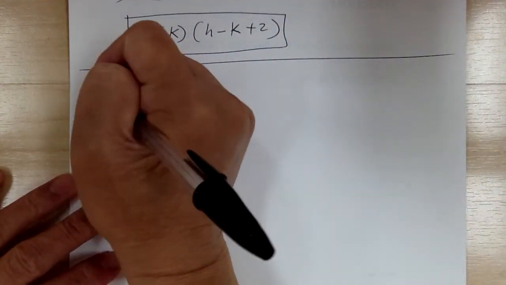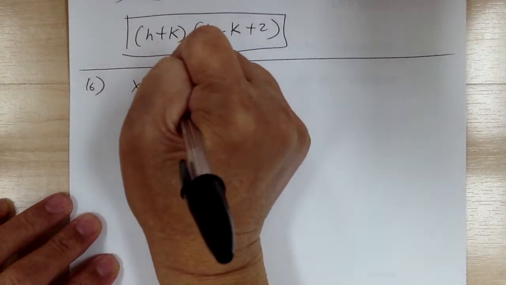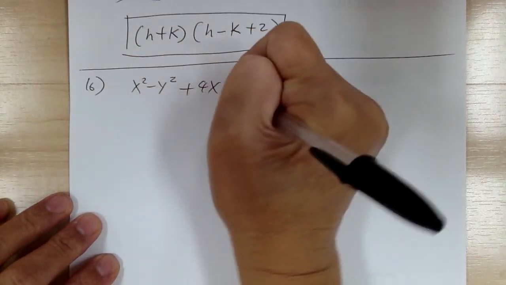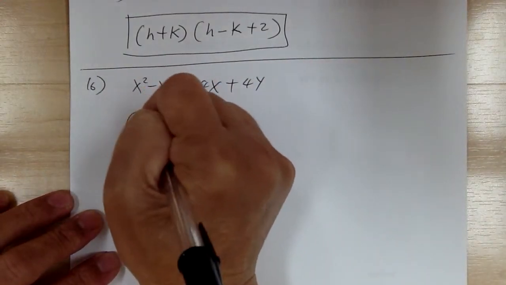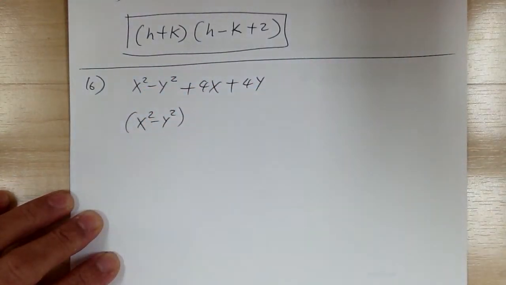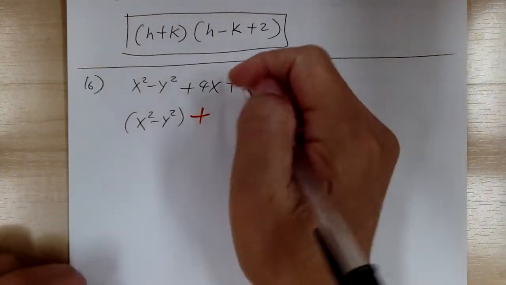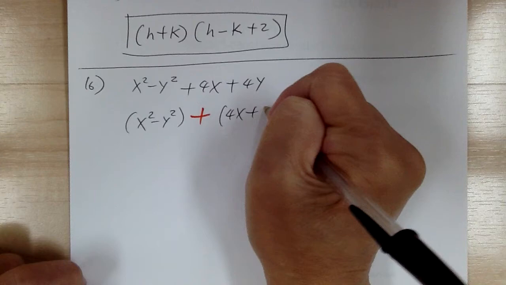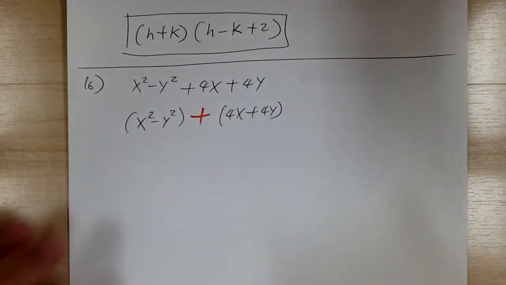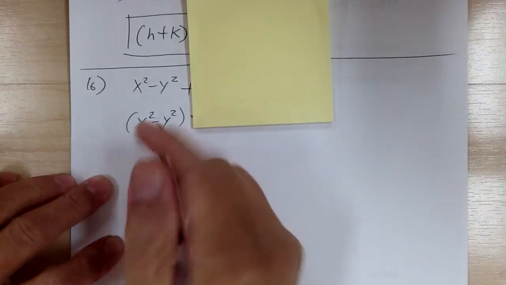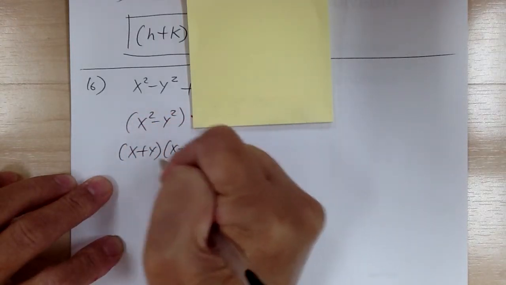Okay, number 16. You've got x squared minus y squared plus 4x plus 4y. Again, go and do your grouping. For the first half, this breaks into conjugates, so it'll be x plus y, x minus y.